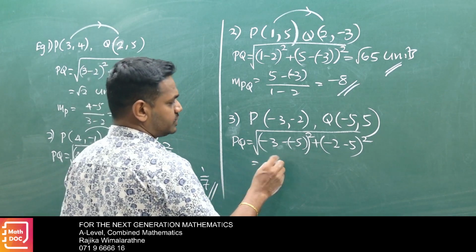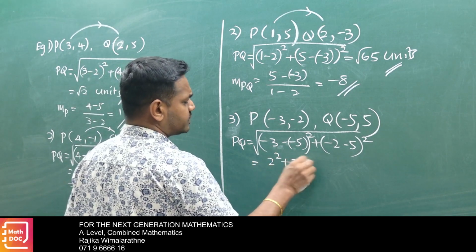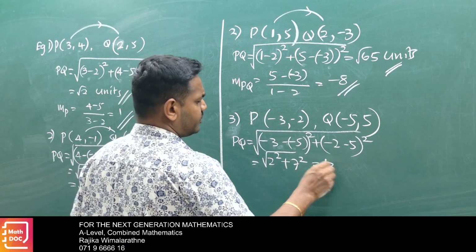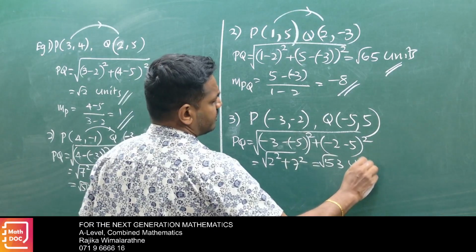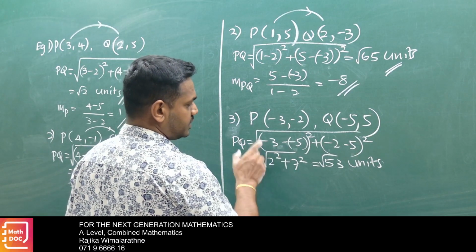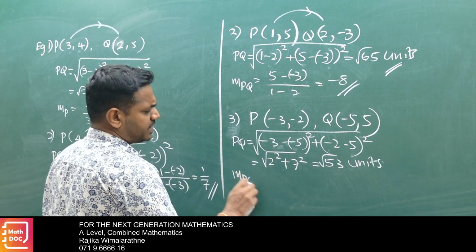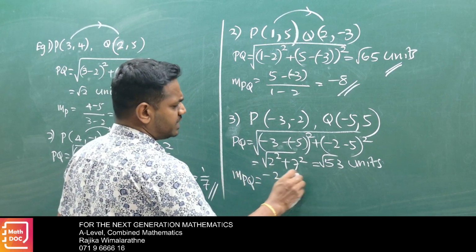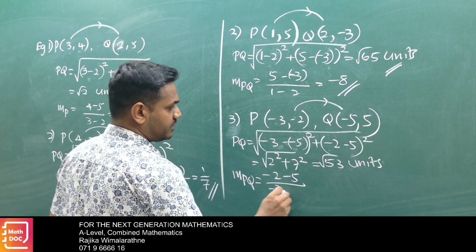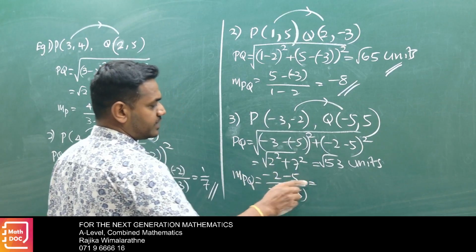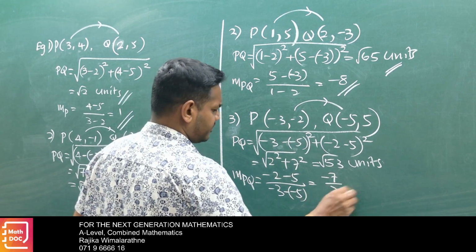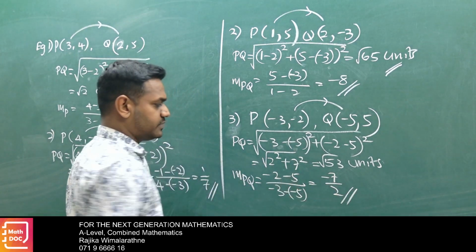Here 2 squared plus 7 squared, 4 plus 49, root 53 units. Then M PQ is minus 2 minus 5 divided by minus 3 minus minus 5, y difference over x difference. Here minus 7/2.